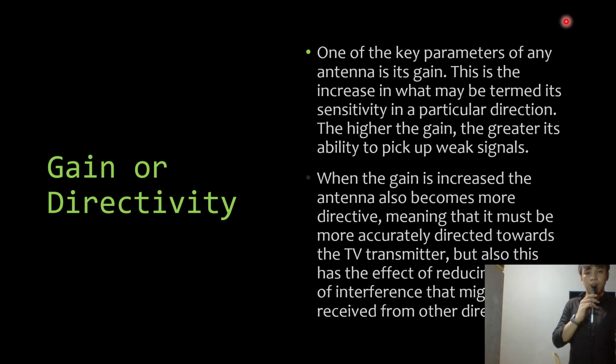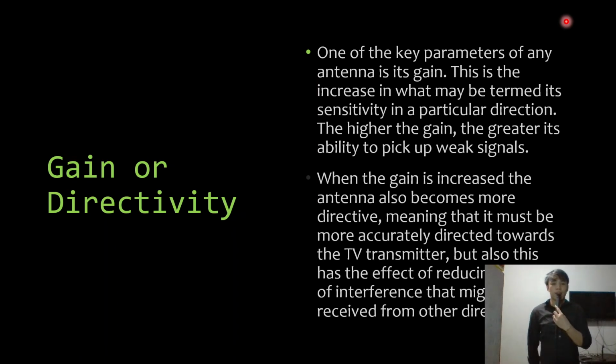So the other major consideration that we need to consider is the gain or the directivity. One of the key parameters of any antenna is its gain. This is the increase in what may be termed its sensitivity in a particular direction. The higher the gain, the greater its ability to pick up weak signals or to amplify weak signals.